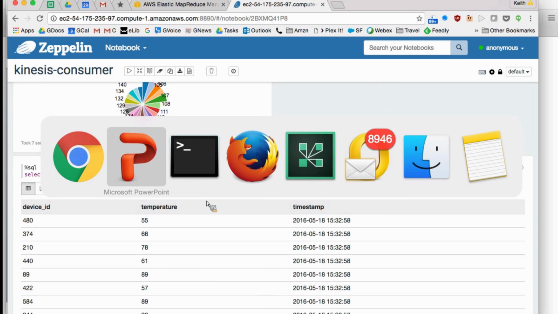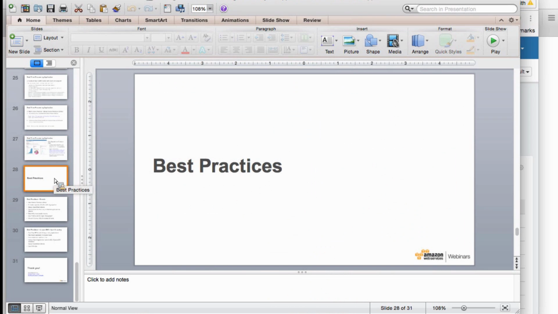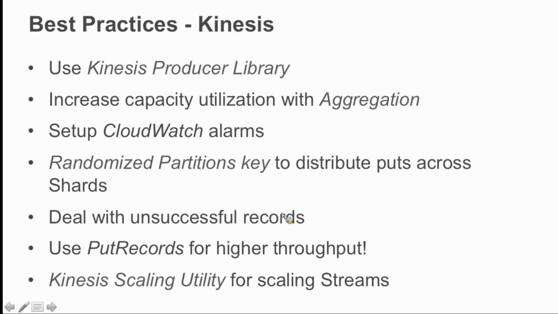So it was continuously monitoring the stream. All right, so let's go back to our slides. Let's talk about best practices in the remaining few minutes. Best practices around Kinesis: don't reinvent the wheel. Use the Kinesis producer library. It deals with a lot of the details for you.